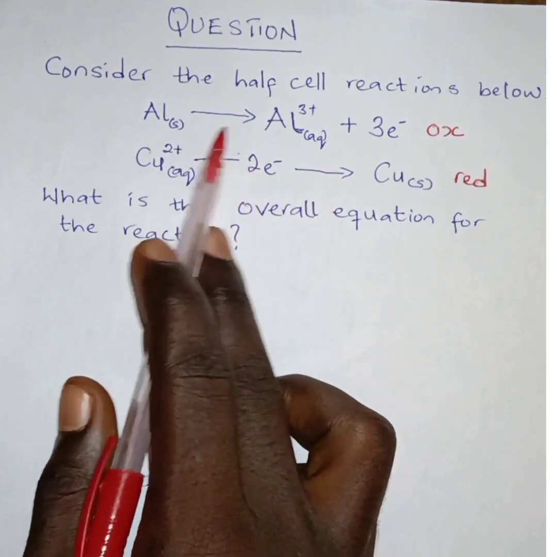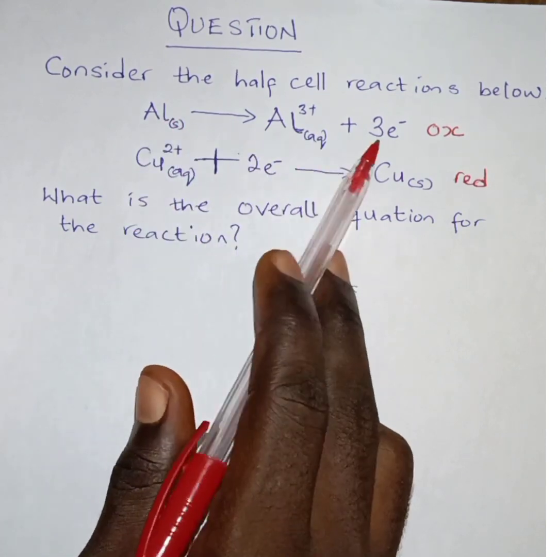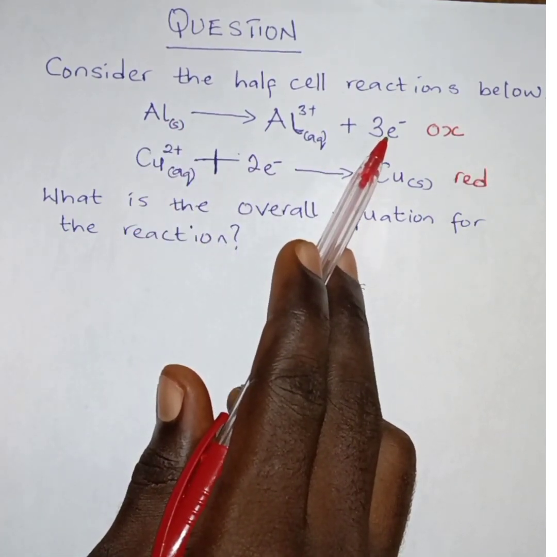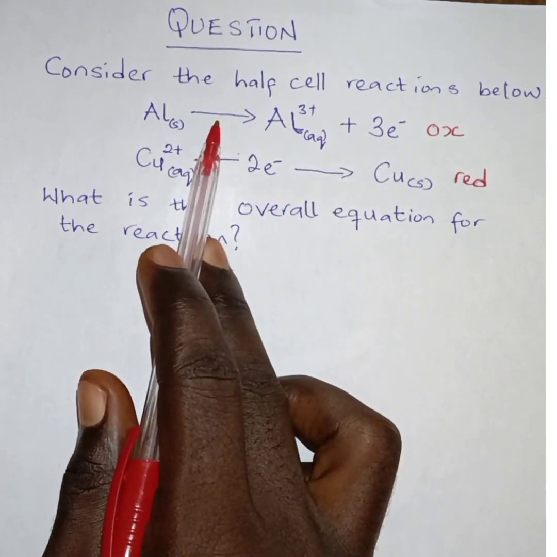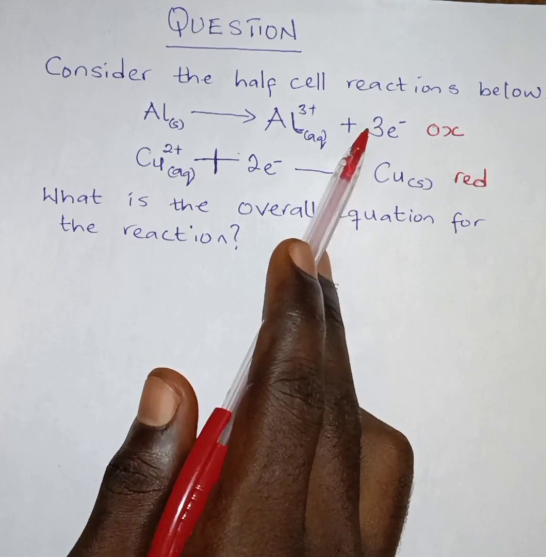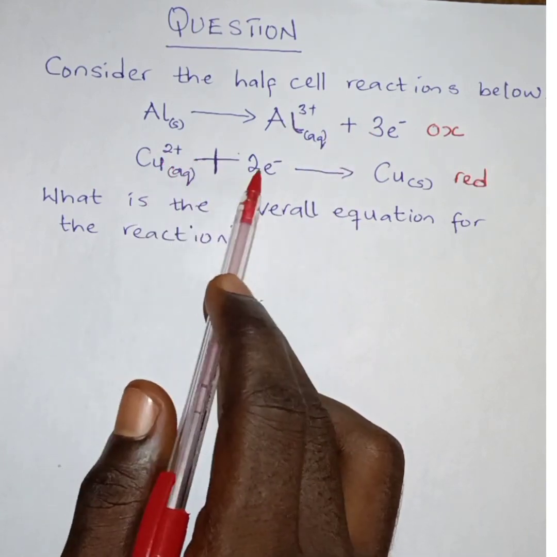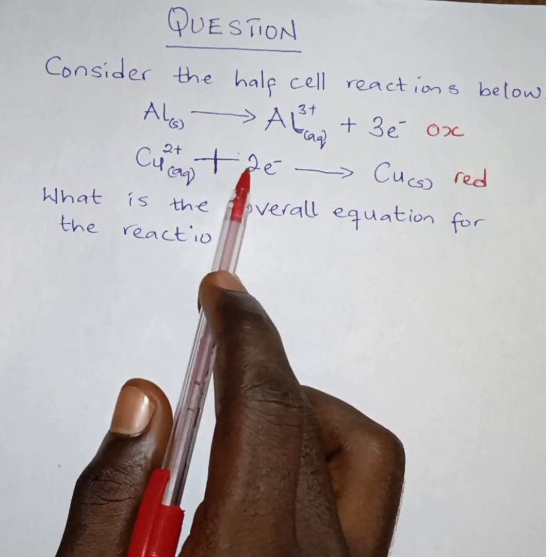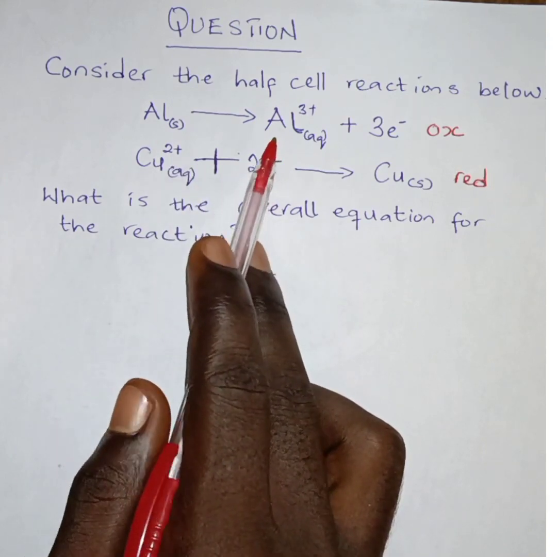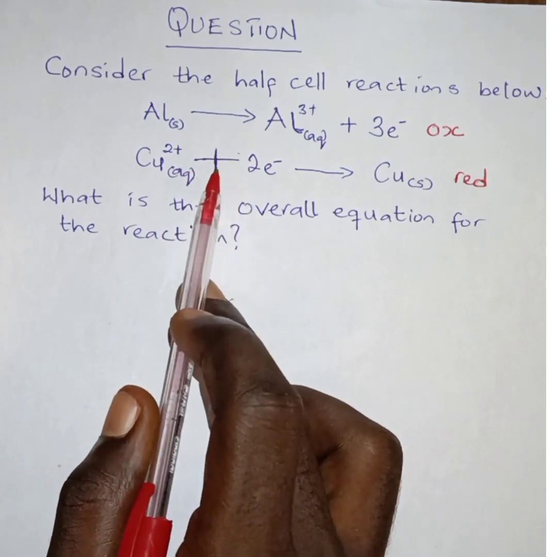But when you look at the overall reaction in trying to combine it, in the first reaction, 3 moles of electrons were involved. That's aluminium lost 3 electrons. And then if you look at the second half reaction, you discover that copper is gaining 2 electrons. So which means 1 electron is missing, and we must account for that one. How are we going to account for that one?